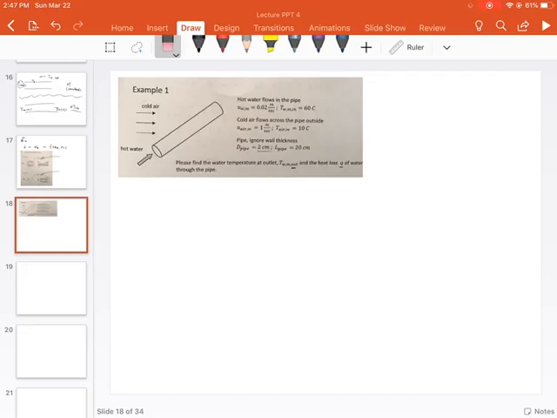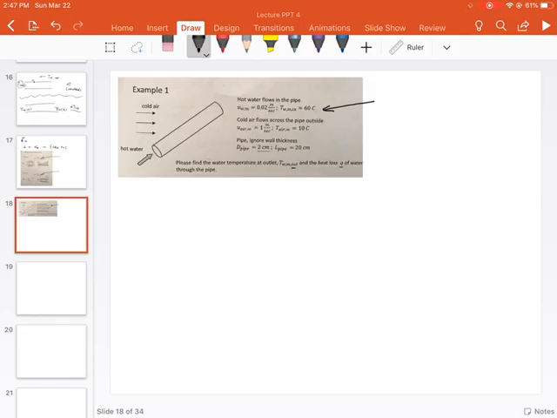What is given is the hot water inside the pipe: the inlet temperature is 60 C, and the velocity is 2 centimeters a second. And the cold air, we also know the temperature at 10 C and the velocity, 1 meter per second. The pipe dimension is 2 centimeters in diameter and 20 centimeters long.